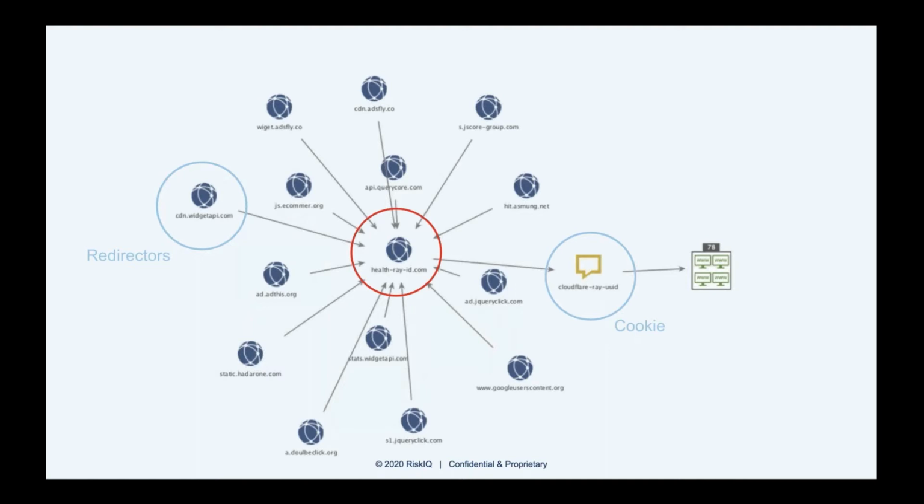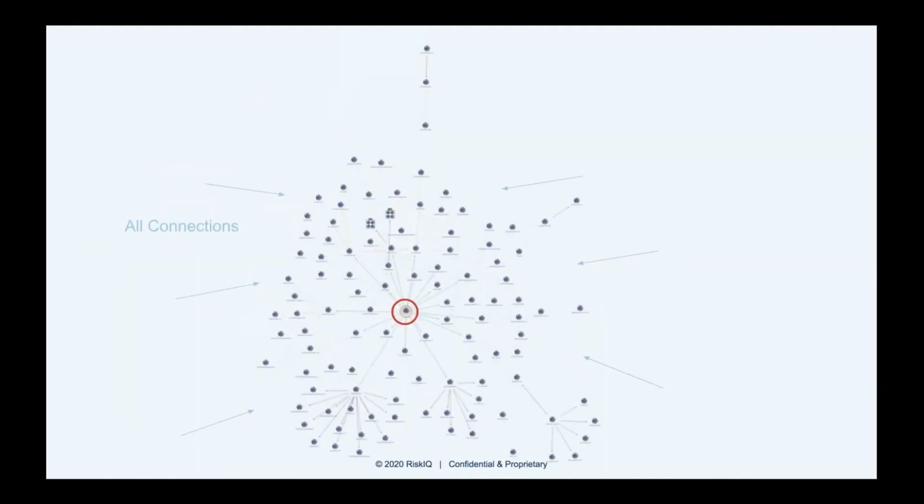help-ray-id.com was effectively the main node, the centroid, if you will. And all this other infrastructure was sort of decoy in a way to proxy away from the help-ray-id.com. And then you can note on the right-hand side of this graph, the cookie that was deployed, from help-ray-id.com and the 78 other websites that were ultimately compromised, displaying that particular value.